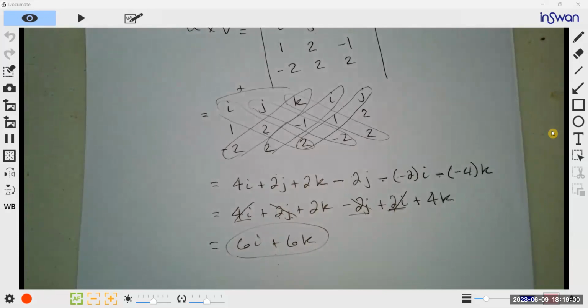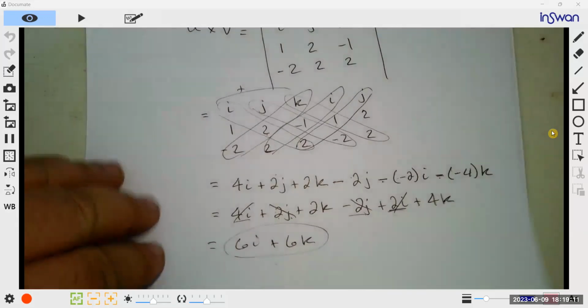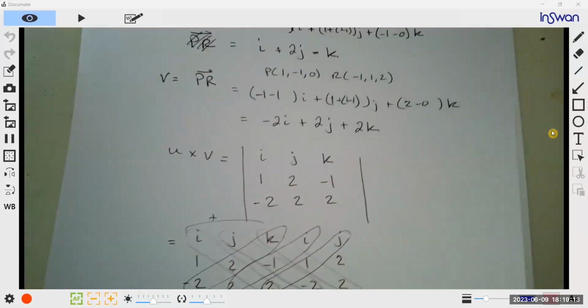So that's the vector perpendicular to that plane. Right?